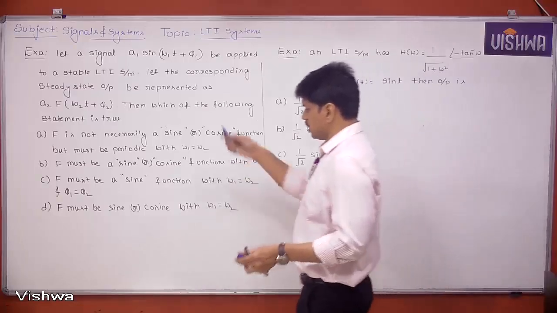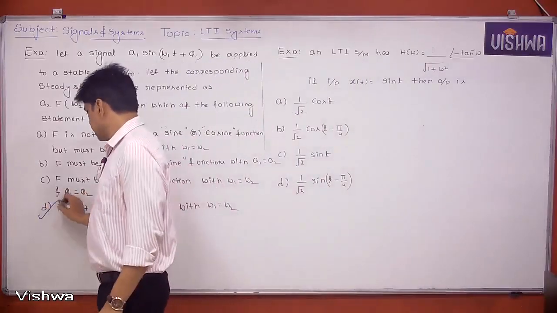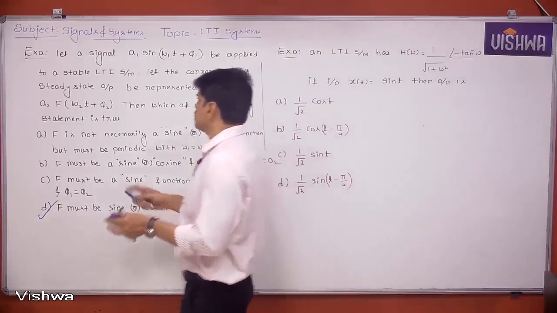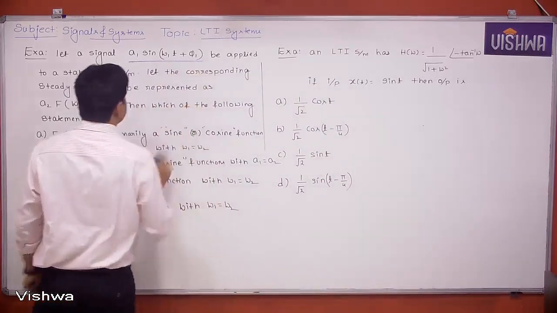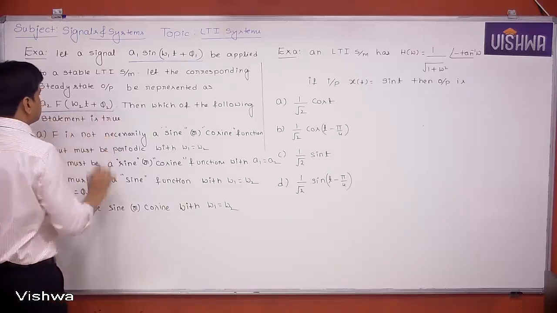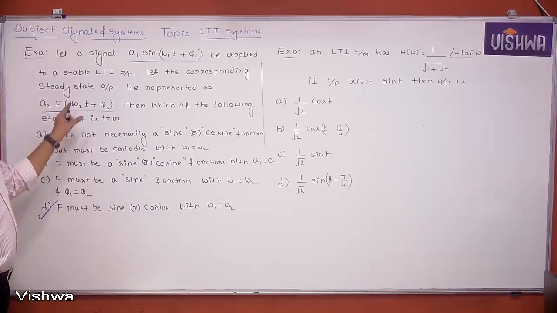So in this question, option D is correct. Why? The input is A sin of omega 1 t plus phi 1 and the output is A2 f of omega 2 t plus phi 2.